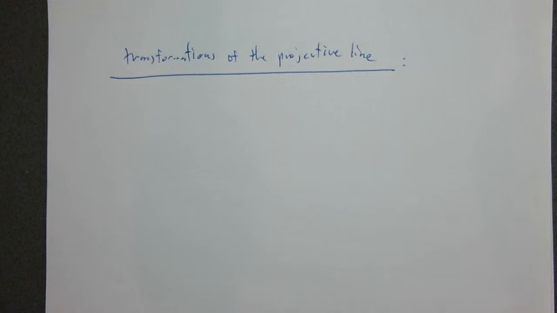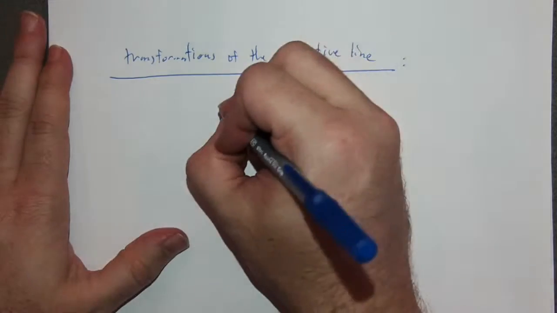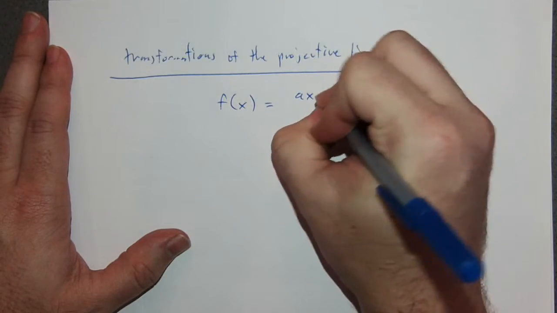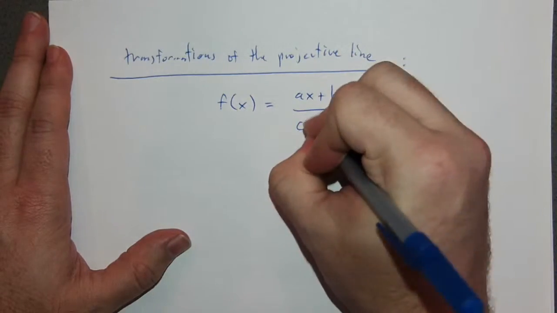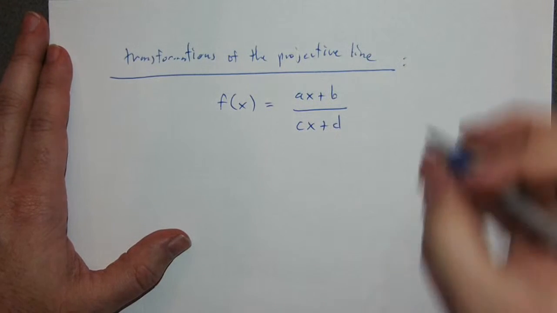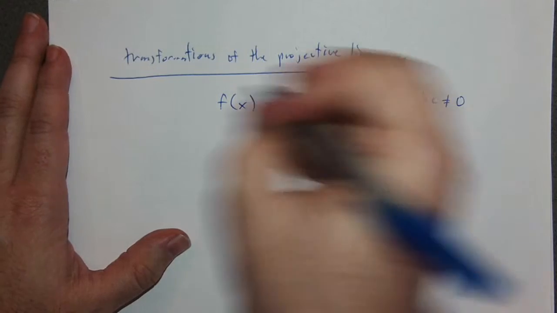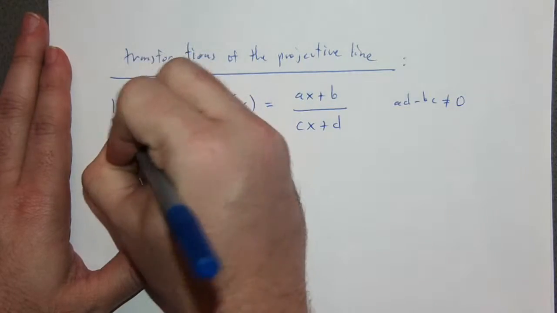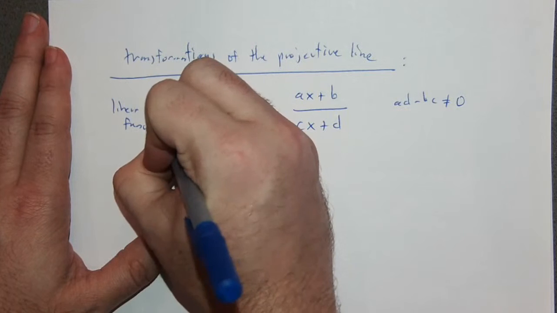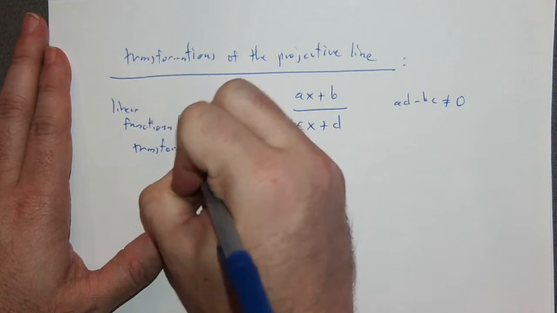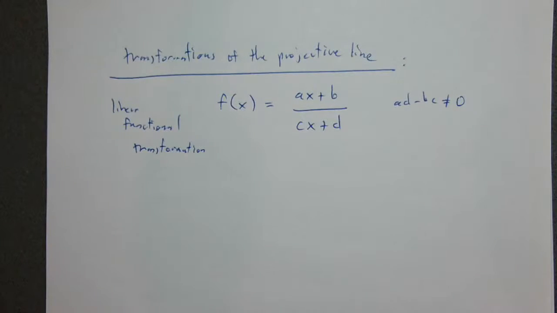So remember previously we knew that these things looked like this. They were the linear fractional transformations, where AD minus BC was not zero. So these are my linear fractional transformations, and we already proved why these were the things. We did this by showing that this is the general form of types of these transformations.